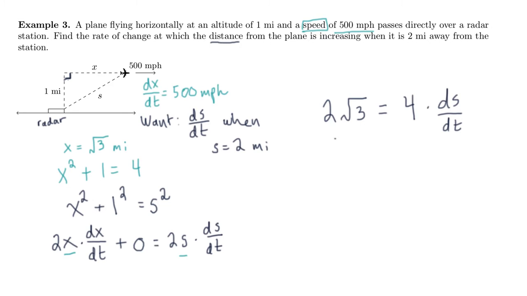And I forgot something important. Forgot dx/dt. We also know what dx/dt is. So dx/dt is 500. And that equals 2 times s, which is 2, for ds/dt.